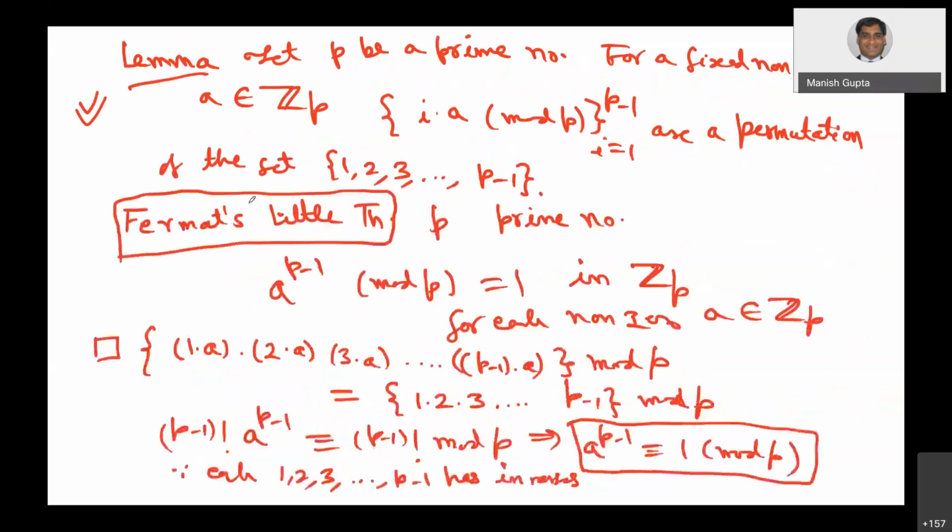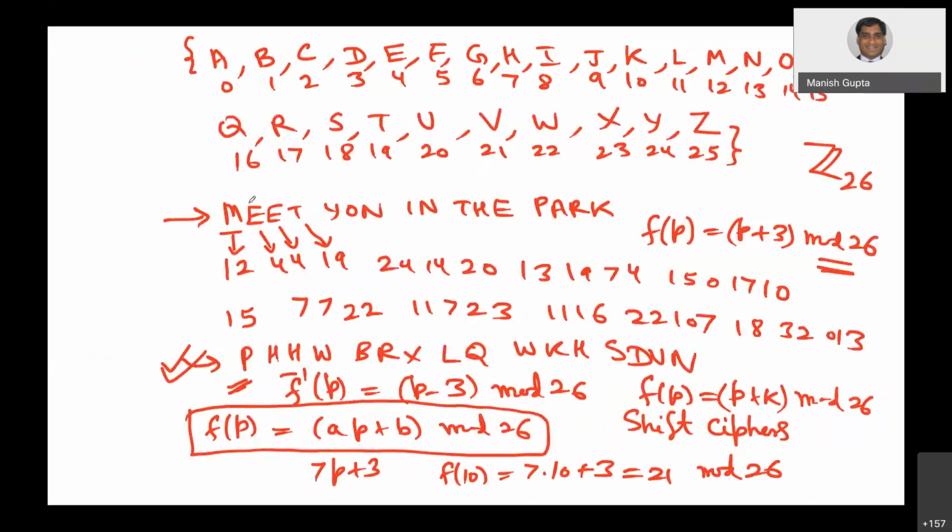So this is a nice example of modular arithmetic. Now I am going to solve an equation for you. Solve 3x is congruent to 4 mod 7. How do we solve it? Since modulo 7 is there, Z7 is a field, so we know that the inverse of 3 will exist.